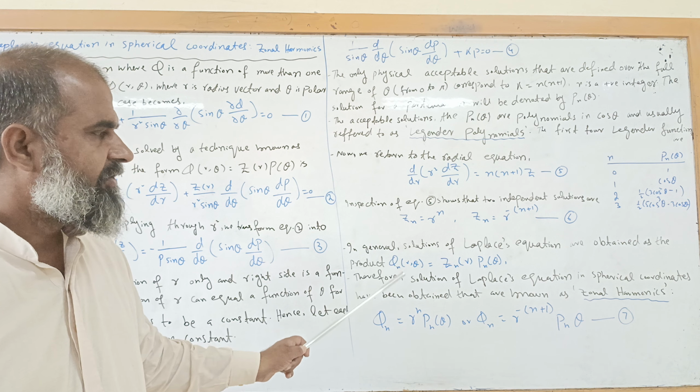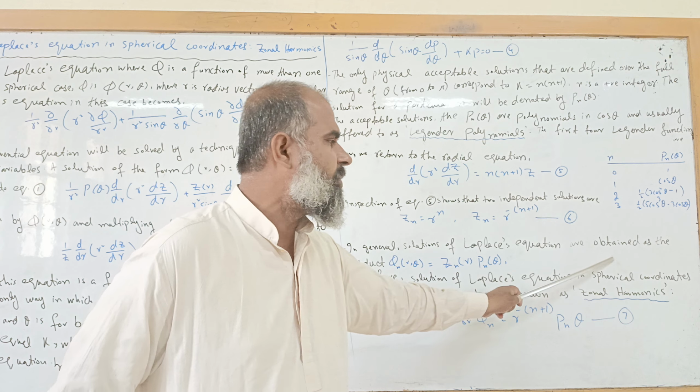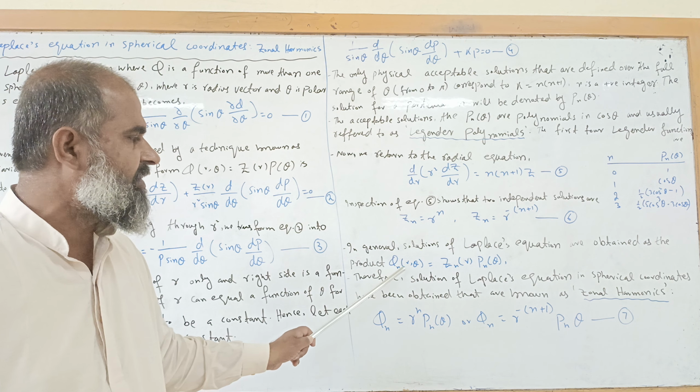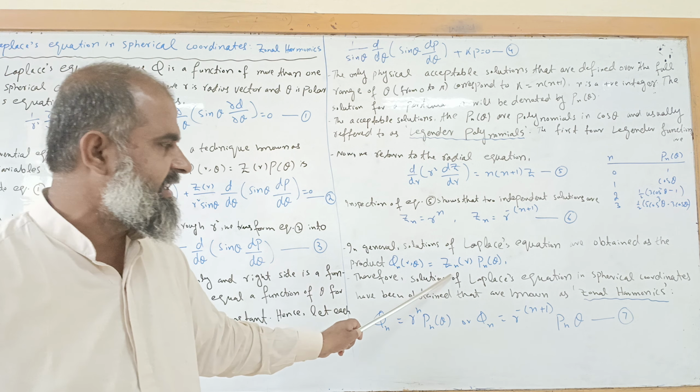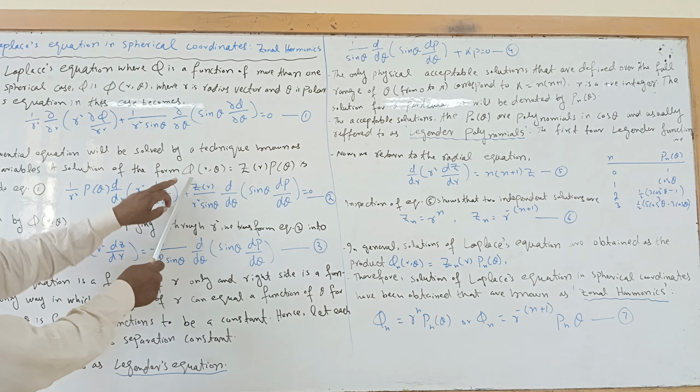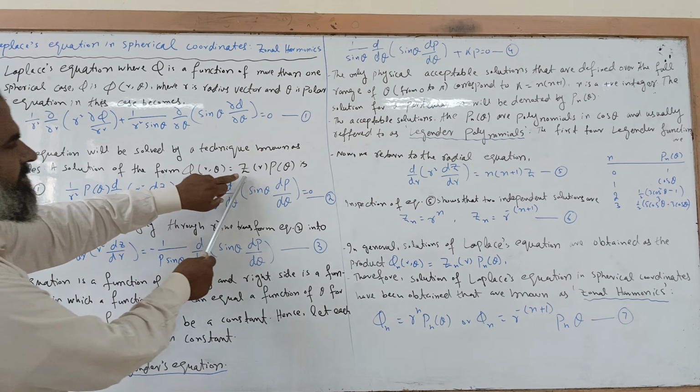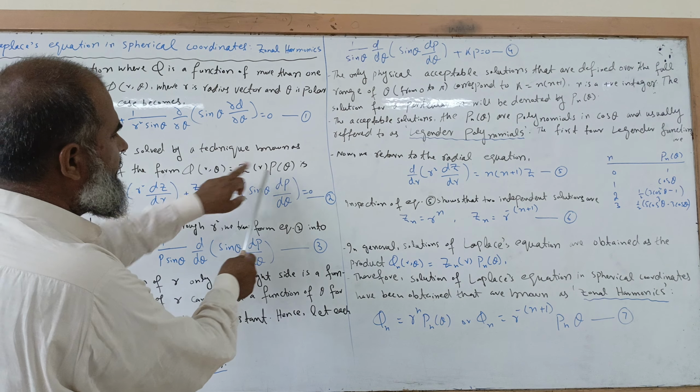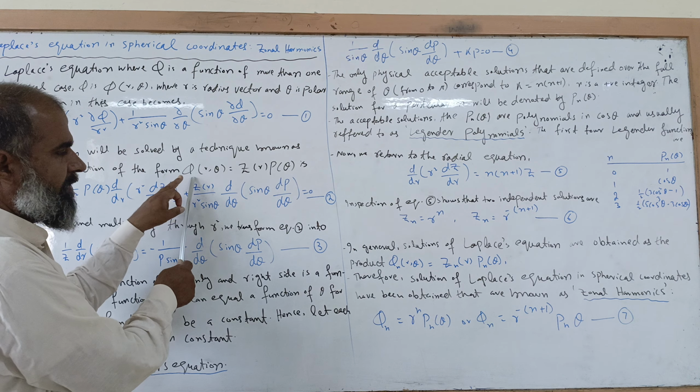In general, solutions of the Laplace equation are obtained as the product phi n of r theta equal to Zn of r times Pn of theta. This was a very specific case when you wrote phi of r theta is equal to Z of r P of theta. In general, you write n over here.